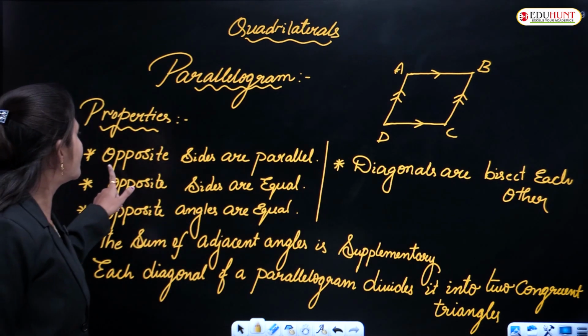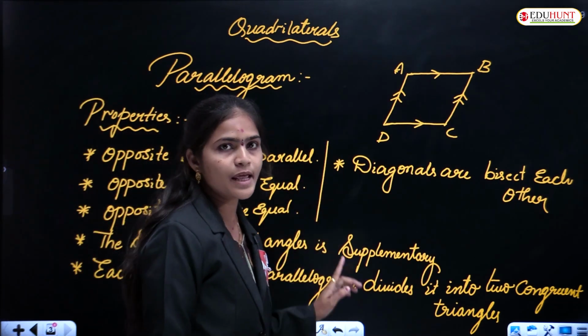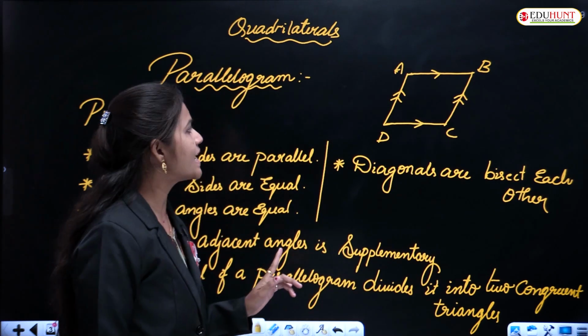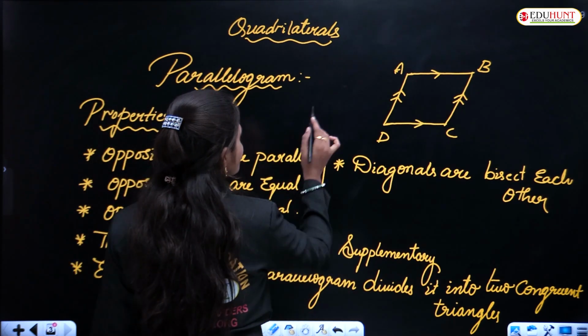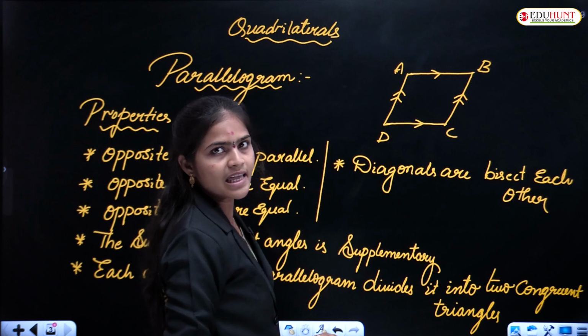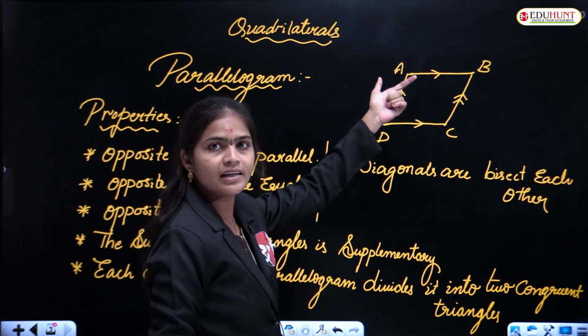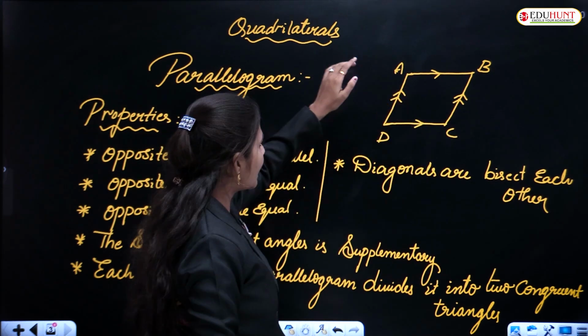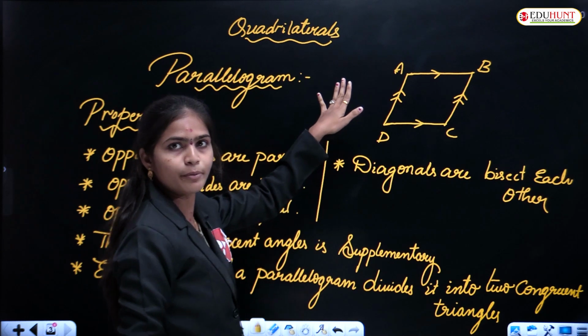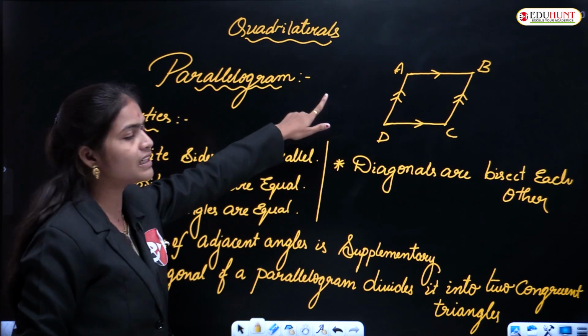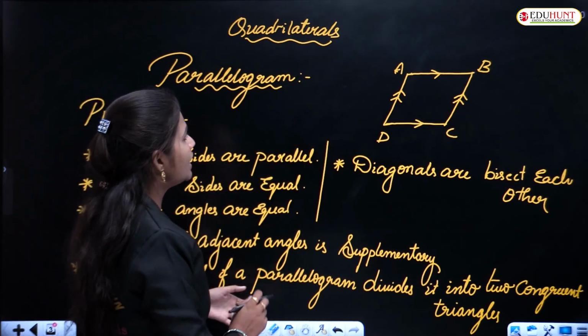See, the first one is that opposite sides are parallel. Just observe the parallelogram ABCD, and I will write each and every property and give the explanation here, so listen carefully.